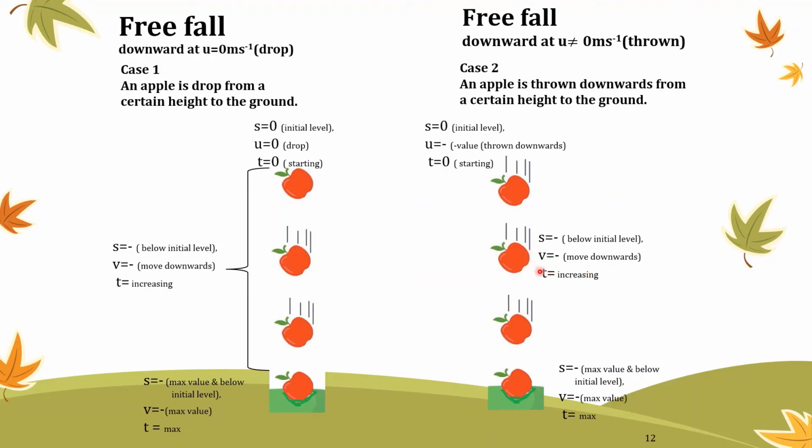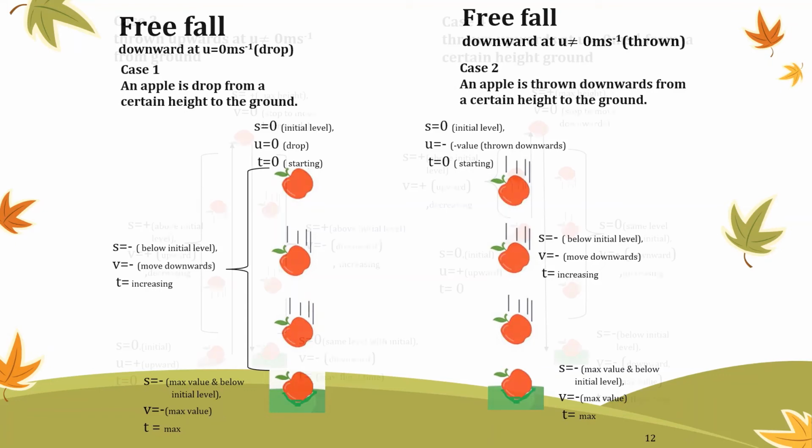What about the velocity? Velocity also increases but with negative sign because the apple moves downward and the time will increase. At the end, when the apple hits the ground, the displacement is maximum and negative because it's below the initial level, and the velocity is also maximum but negative because it moved downward, and t here will be maximum.